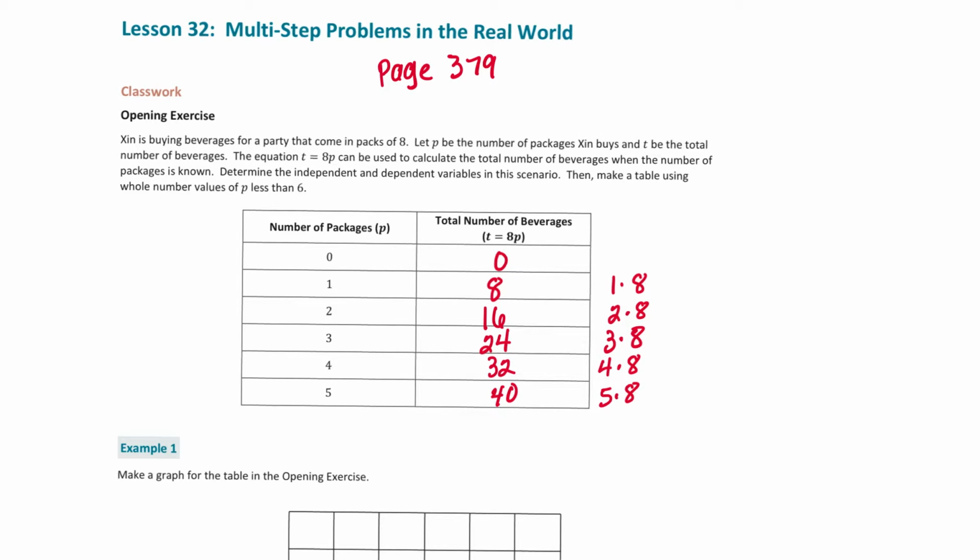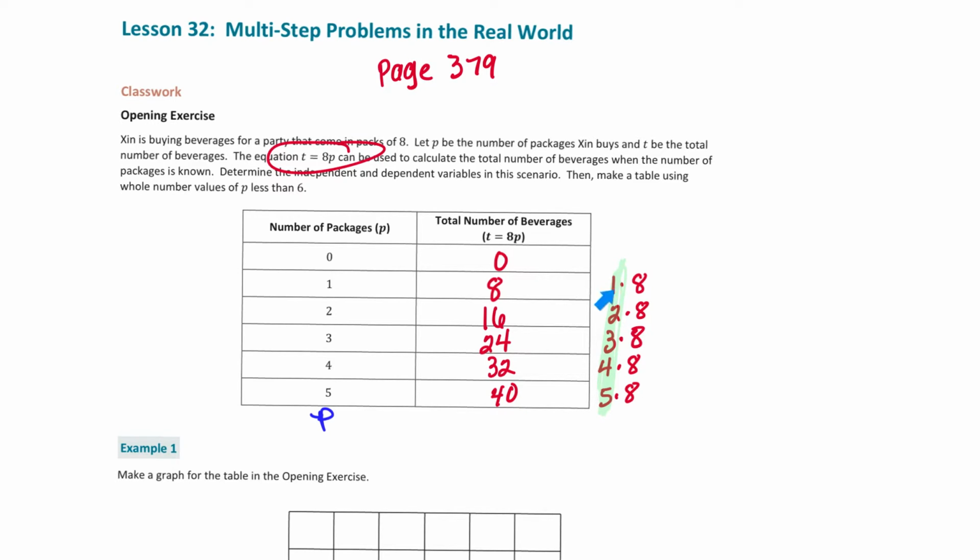And if you notice, they gave us the equation. Again, just because they gave it to you, don't ignore it. They told us the P was the number of packages, and how do you find 40? Well, this is a number that keeps changing, right? Which represents T, the total number, which is this number here.